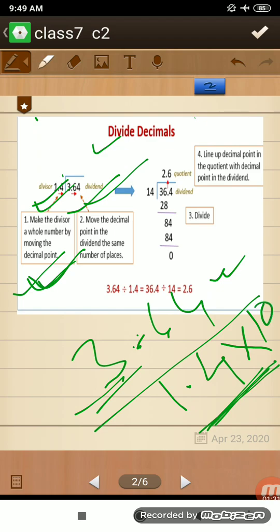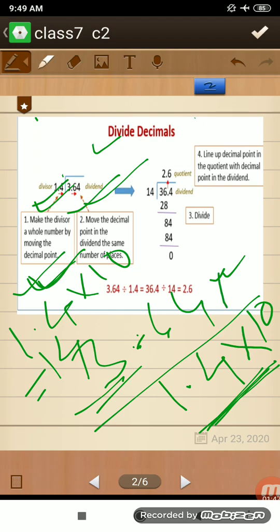If you multiply 1.4 by 10, you get a whole number, that will be 14. If you multiply by 10 in the denominator, you have to multiply in the numerator also by the same number.